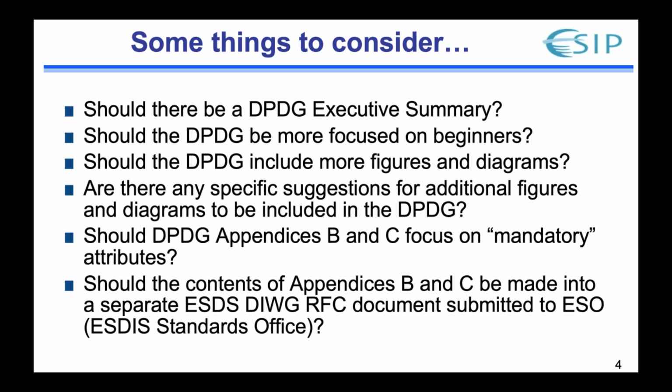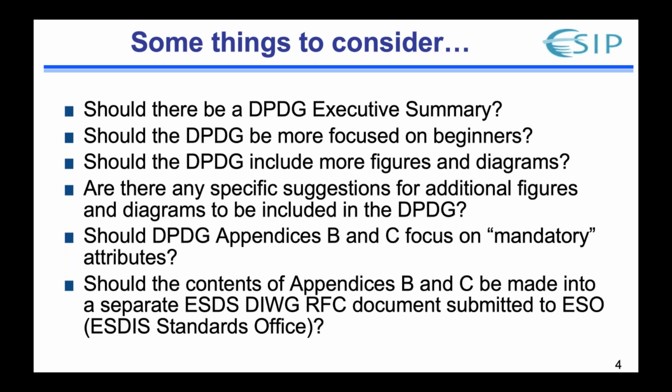Now, bullet 5, Ed Armstrong's appendices B and C. I think they're beautiful, clean, concise, helpful. But we had a DPDG working group telecon 2 weeks ago, and there were several voices saying that these appendices are kind of long, especially Appendix B. A lot of people spoke up saying we prefer an appendix that focuses more on mandatory attributes.